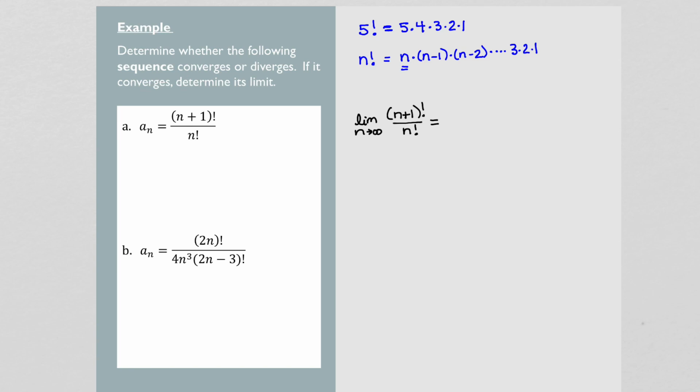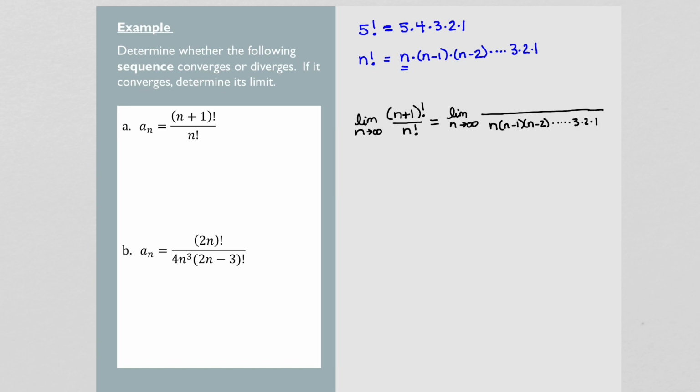It would be much nicer if we could simplify this expression before we take the limit. So let's do that. We said n factorial can be rewritten as n times n minus 1 times n minus 2, all the way down to 3, 2, and 1.